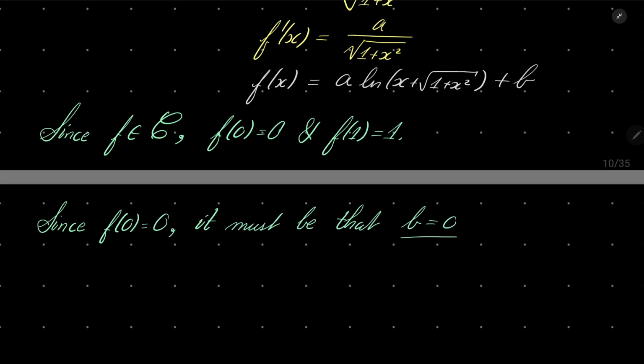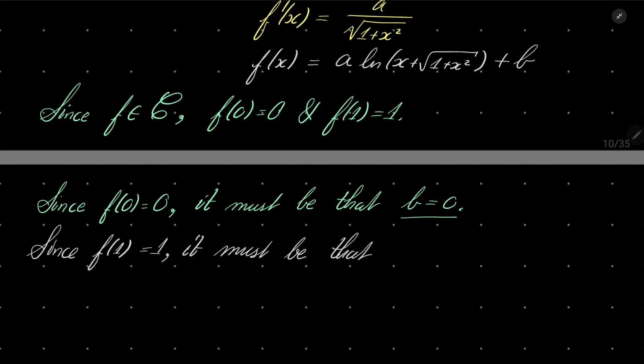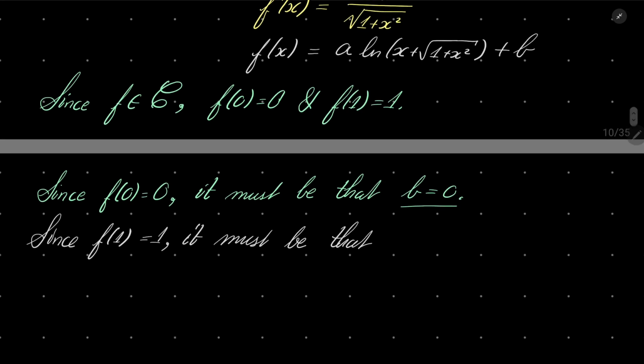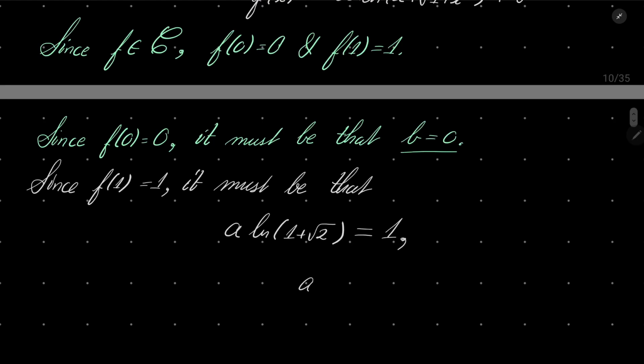So one parameter is already known. And since f of 1 is 1, let's put in 1. So we have a times natural log of 1 plus square root of 2 equals f of 1, which is 1. So our parameter a is 1 over natural log of 1 plus square root of 2.